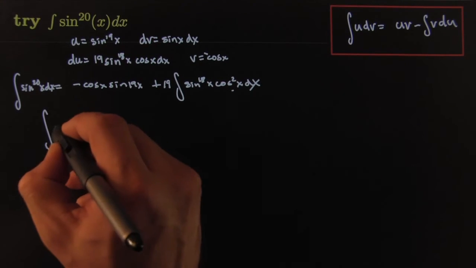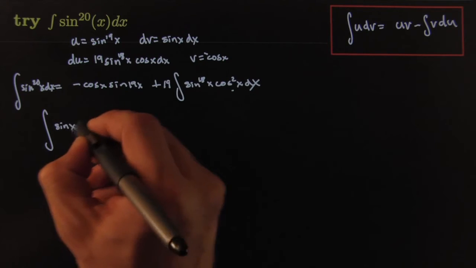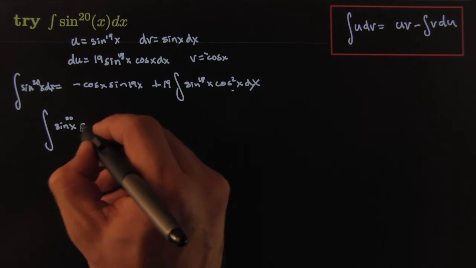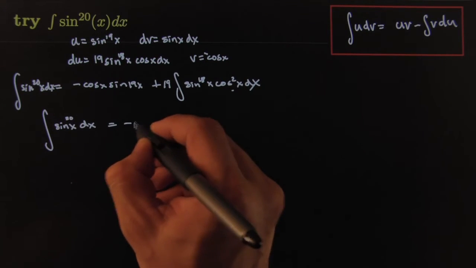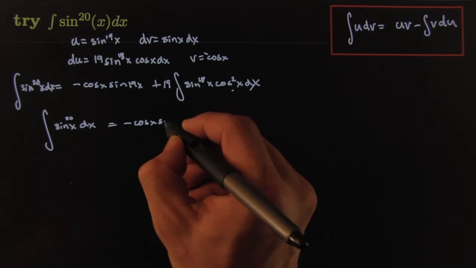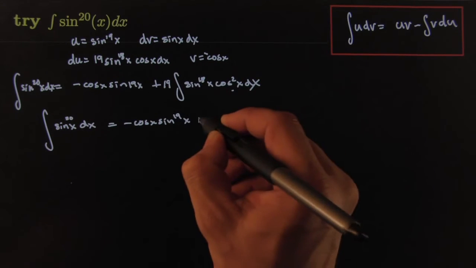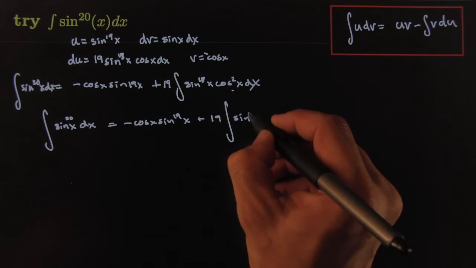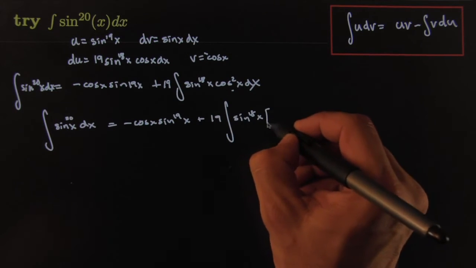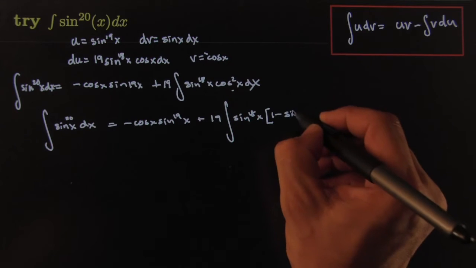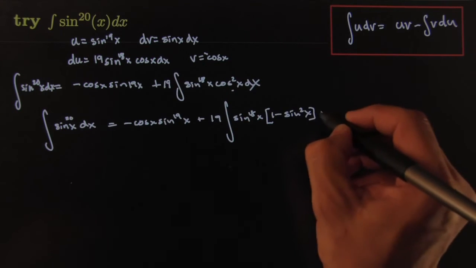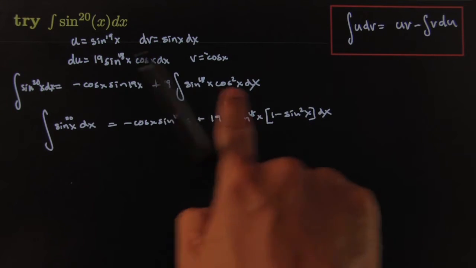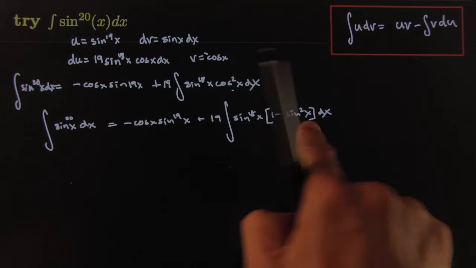So I have that the integral of sine of x to the 20th dx is equal to negative cosine of x sine to the 19th of x plus 19 times the integral of sine to the 18th of x. Here we go with my exchange rate, 1 minus sine squared x dx. That's the correct exchange rate for cosine squared.